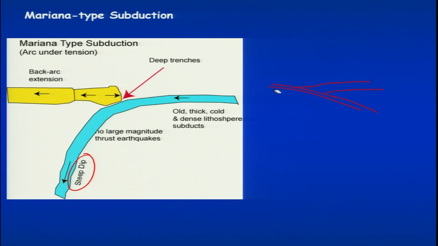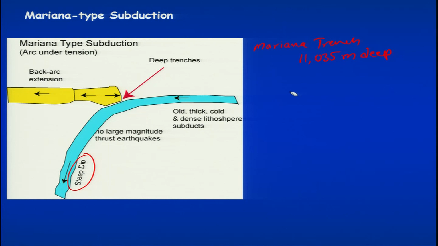Whereas the other part is, since the plate is steeply dipping, this will result in the formation of deep trenches, and the best example is the Mariana Trench (11,035 meters deep). And the overriding plate will experience extension because of the pull of this subducting plate.